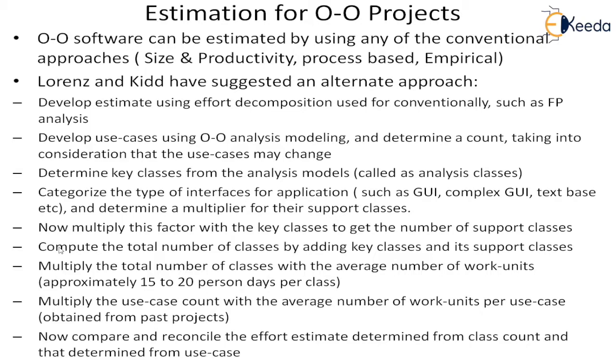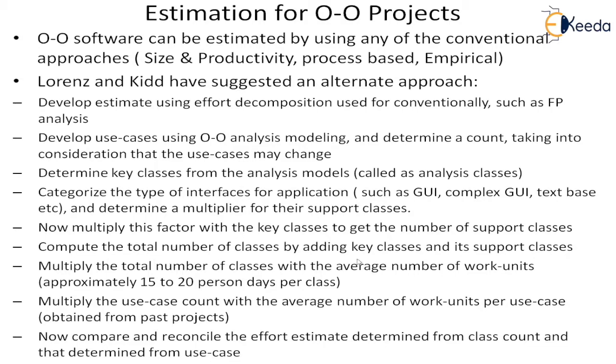Then compute the total number of classes. So here, as you can see, we are basically looking at the complexity of the user interface, and we are trying to calculate a weight which is getting multiplied and giving the support classes. Then compute the total number of classes by adding the key classes and the support classes.